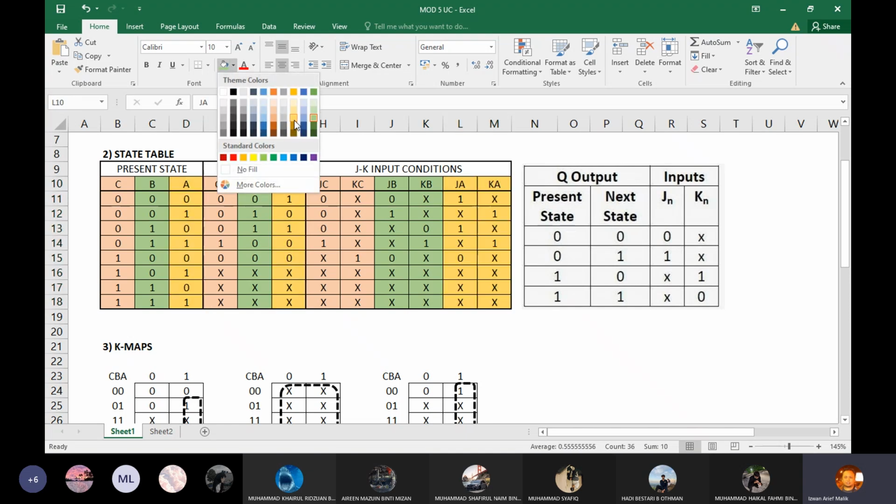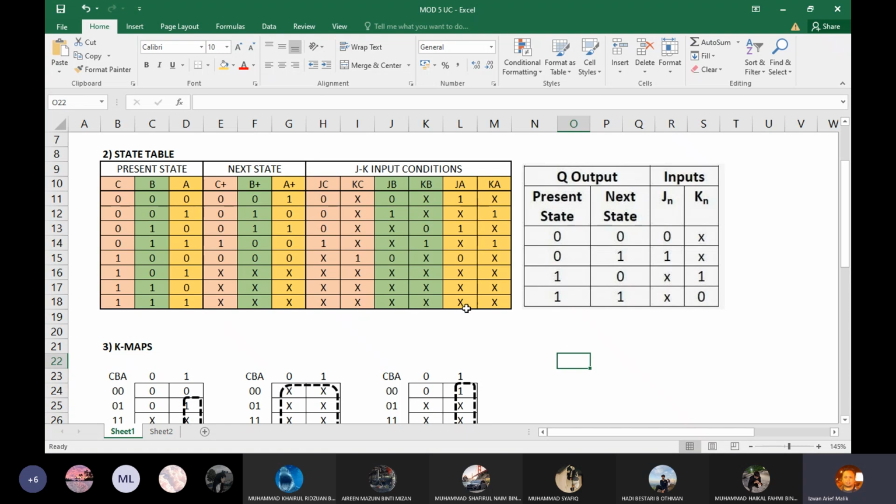Sorry. Okay, so these are the things that need to be compared. I'm comparing C with C plus, B with B plus, A with A plus to obtain JCKC, which is the maroon color, and then JBKB, which is the green color, and then JAKA with the brown color.